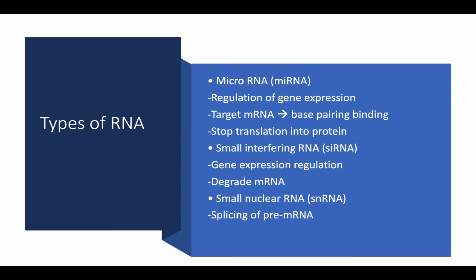You can block the translation of this protein by having an miRNA target this mRNA, and then it will bind by binding via base pairing, base على base, and it will bind these bases and then block the translation into the protein. هذا mRNA لما تروح على الريبوسوم, it will not be able to add transfer RNA, will not be able to add amino acids. فبوقف mRNA زي كأنه مش موجود, it will stop the translation of this mRNA.